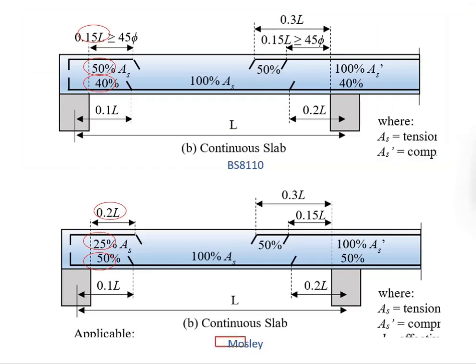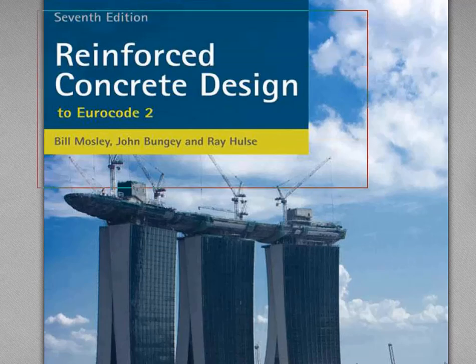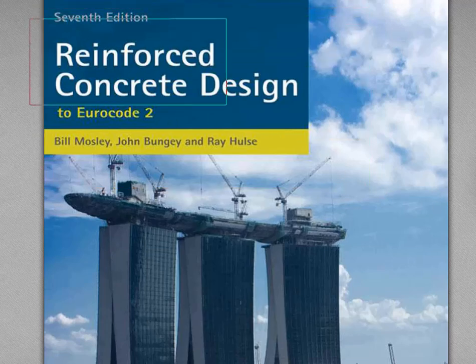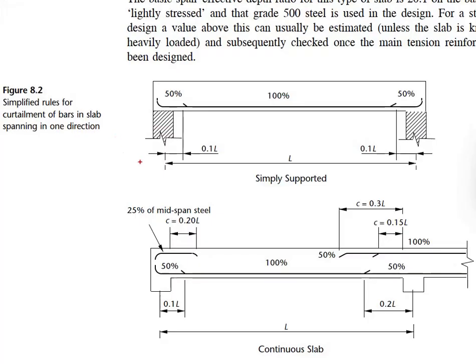Now, the second method here, you may refer to the references written by Mosley. This is the cover page of the reference. Reinforced Concrete Design to Eurocode 2, written by Mosley, 7th edition. You may refer to figure 8.2.